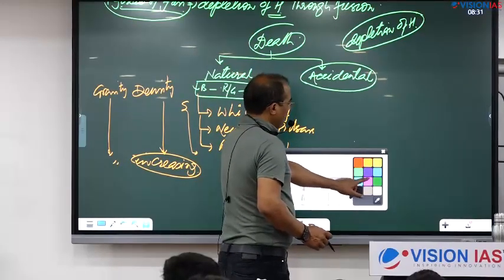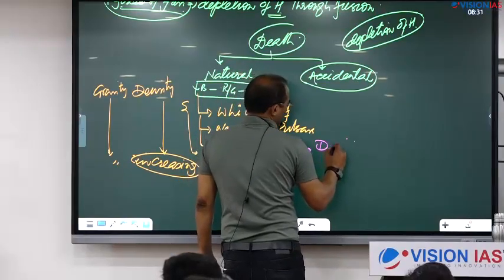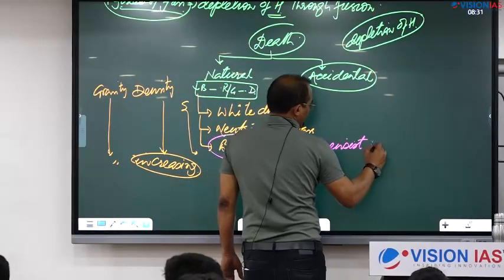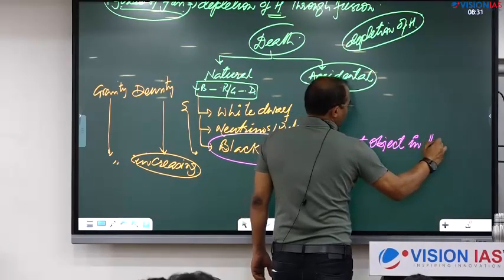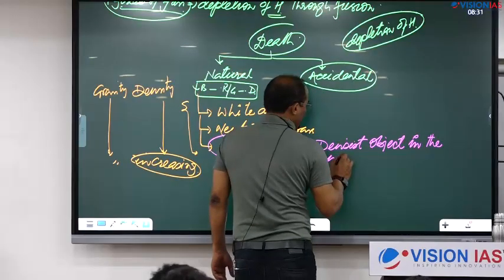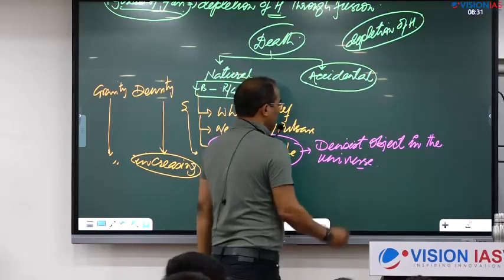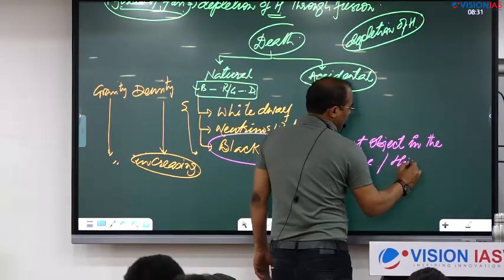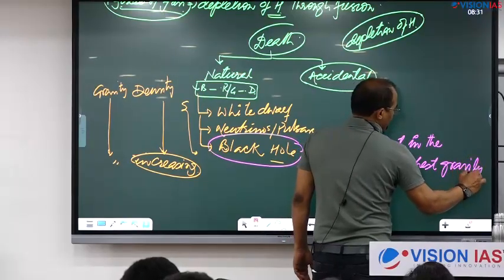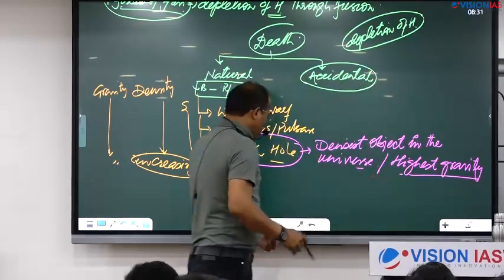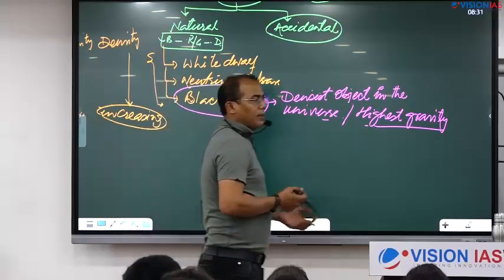A black hole is considered as the densest object in the universe. Highest gravity. Of any object known to humans, black holes have the maximum gravity.